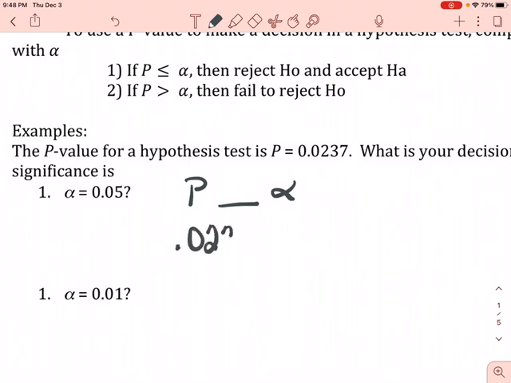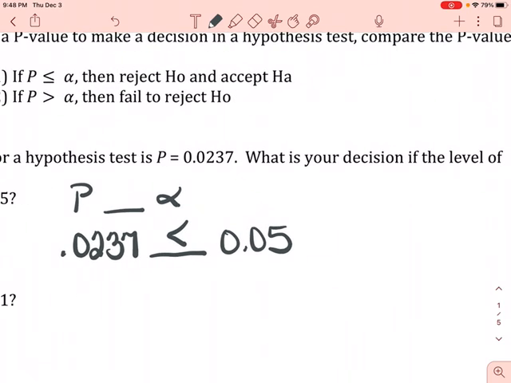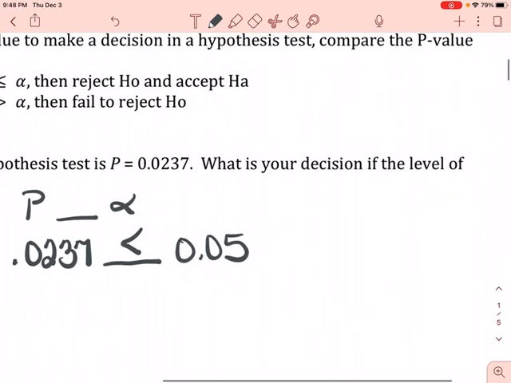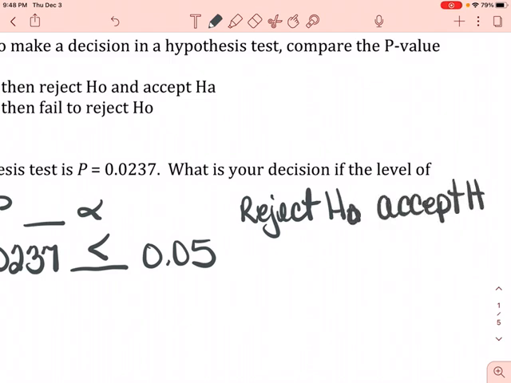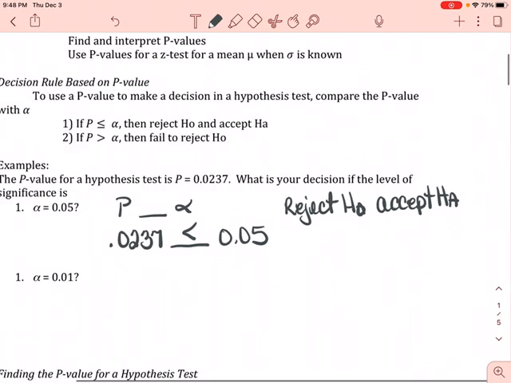Compare that to our alpha, which is 0.05. 0.05 is larger, 0.0237 is smaller. Since our p is smaller than our alpha, we're going to reject H sub O and accept H sub A. That's how we make our decision. All right, let's try the next one.